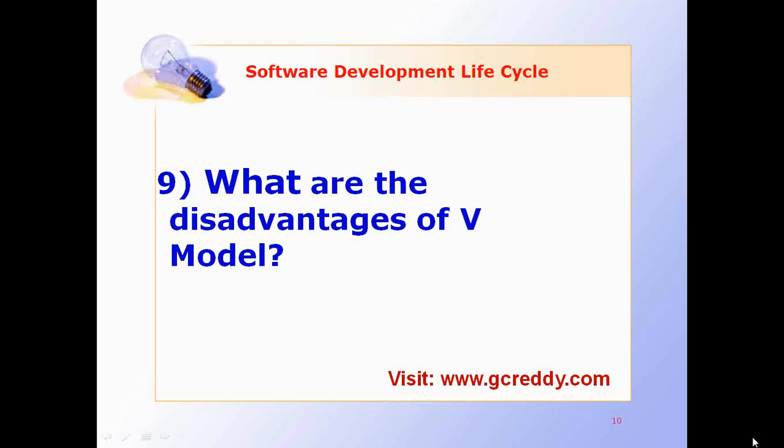Next, coordination and maintenance are difficult. Next, third one, adoption of changes in requirements and adding new requirements in the middle of the process is difficult. Next, last one, it needs an established process for proper implementation.